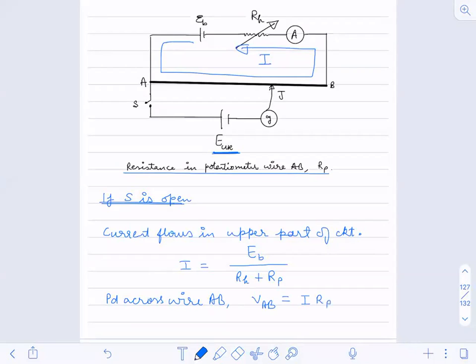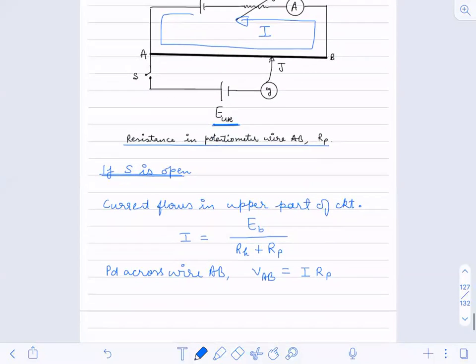The resistance of the potentiometer wire AB is RP. So I into RP. We have already calculated the value of I, so I'll be writing it as EB divided by RH plus RP, into RP. This is the way we will be writing it.